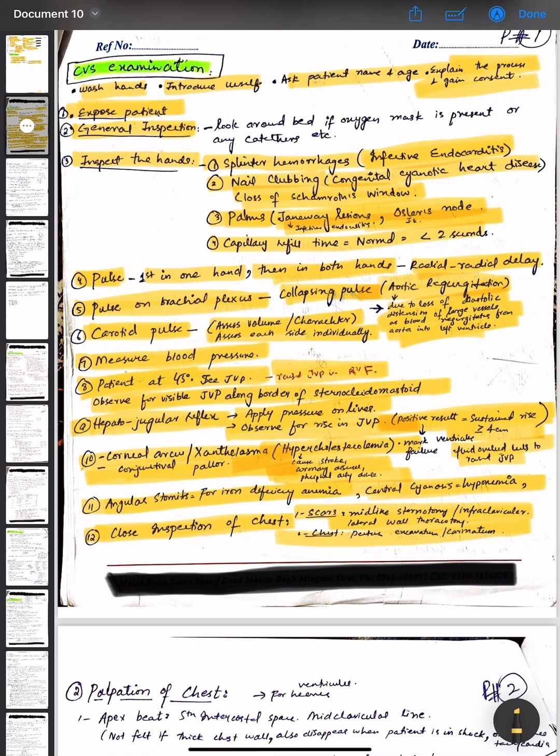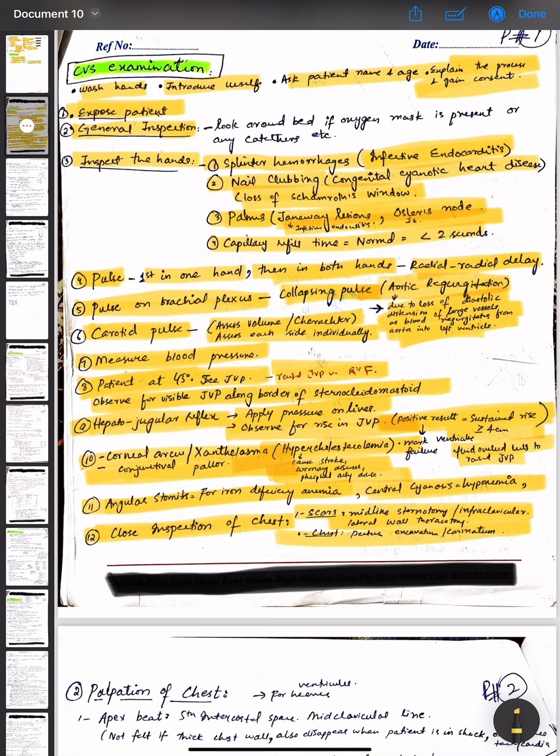Then we will check for corneal arcus or xanthelasma or conjunctival pallor, which show hypercholesterolemia, and the complications of hypercholesterolemia are stroke, coronary disease, and peripheral artery disease.